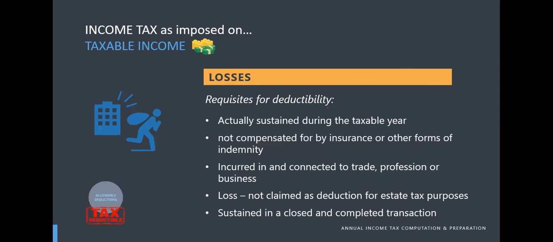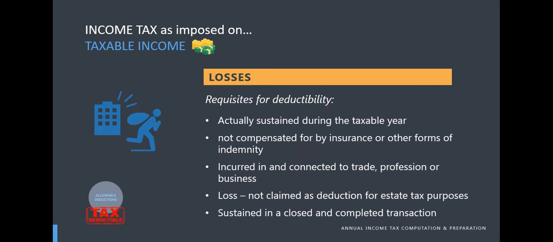So, when we say closed and completed transaction, it means that the amount of the loss, or the casualty loss, must be determinable. It is not just a mere estimate. Or in case of a lawsuit, there is already a decision from the courts.